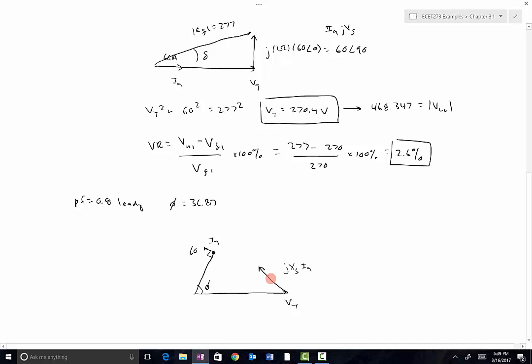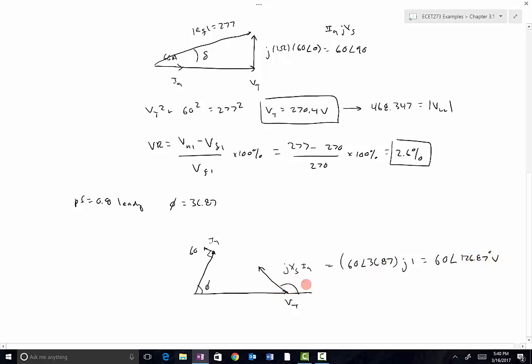So in fact, it's going to be equal to, let's see, that's 60 at an angle of 36.87 times j1, and that's going to give me a value. This angle right here is going to be 60 at an angle of 126.87. Right, it's 36.87 plus 90 degrees.